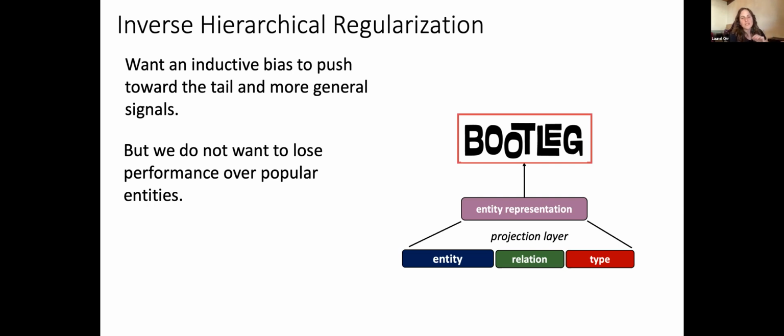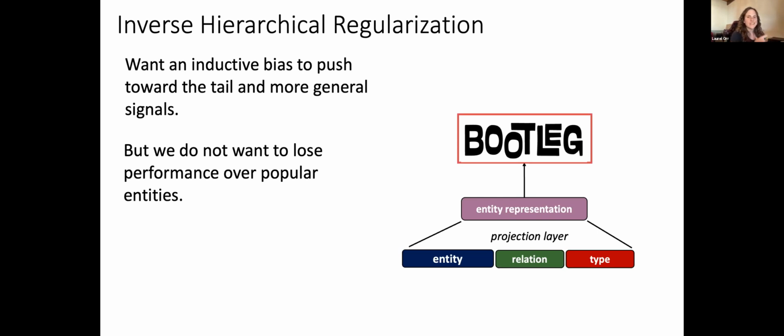Models' tendencies during training are to rely on this highly discriminative signal the most, which means if you don't do anything to prevent it, the model's basically going to rely most on this entity embedding, and it's not going to learn a lot over the relationships and types. Again, its natural tendency is to do the thing that helps it lower the loss the most, which is to focus on the entity embedding.